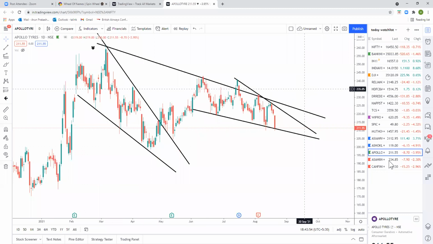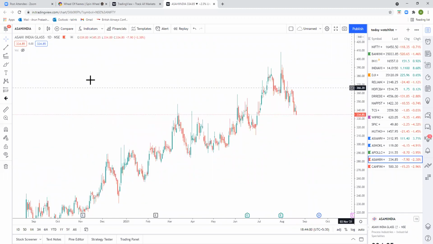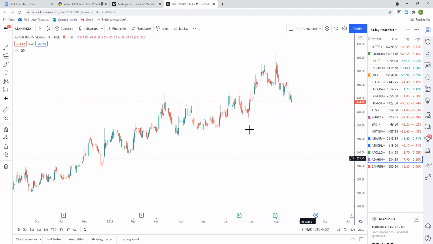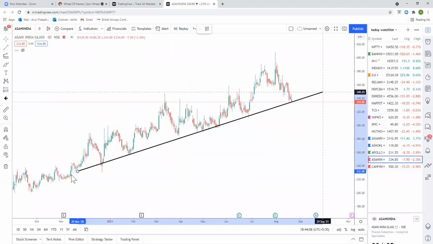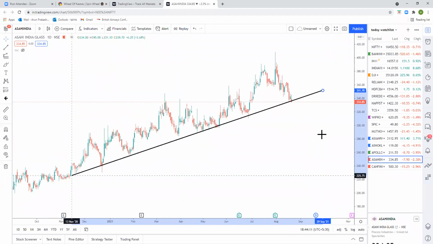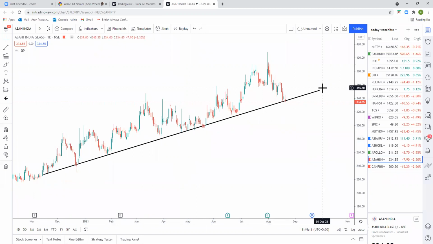The next one would be ASAHI India, where the pattern is good. I'll try to draw the same thing here. The trend line on the upper side is not perfect, and the support is very good.